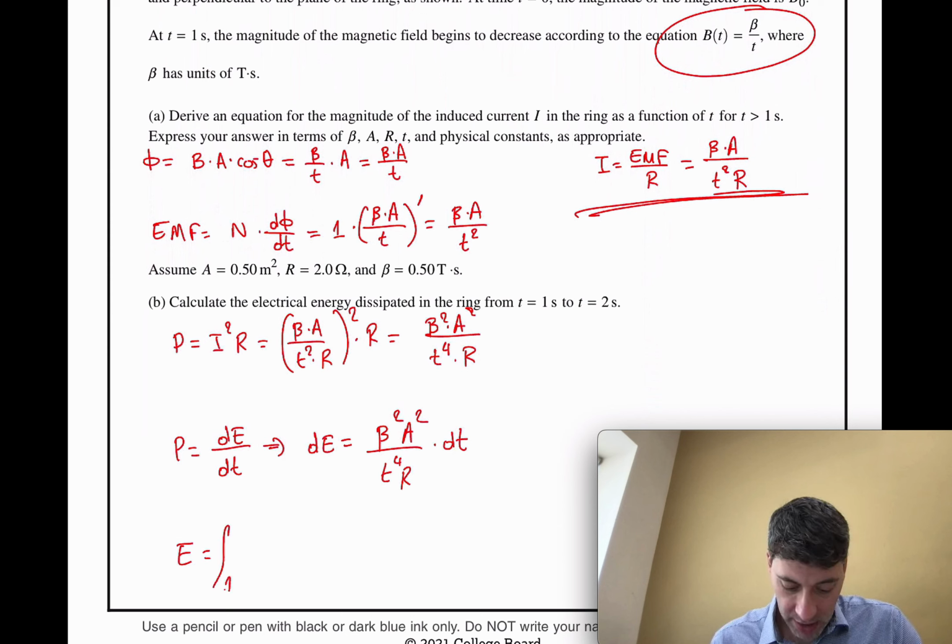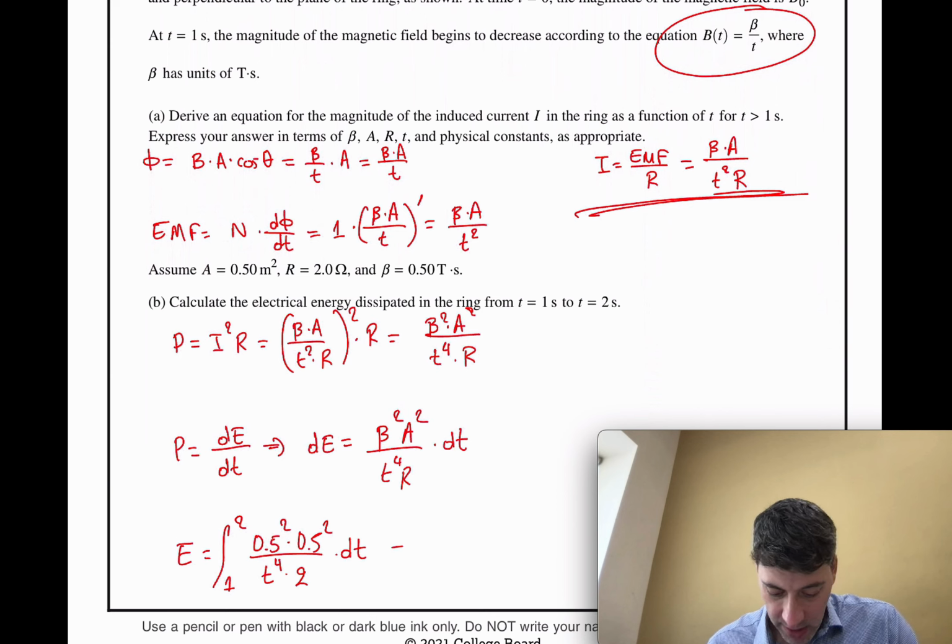So from 1 to 2, the beta is given, so 0.5 to the power of 2. The area is again 0.5 to the power of 2, the time to the power of 4, and the resistance is 2, multiplied by dt. Now we'll need to go to the calculator for this.